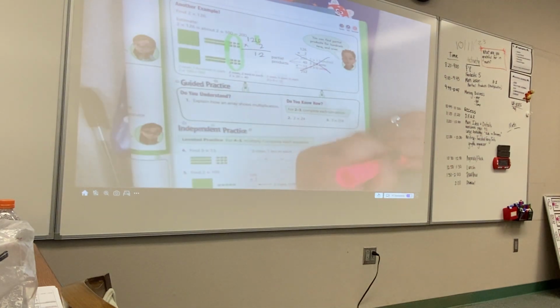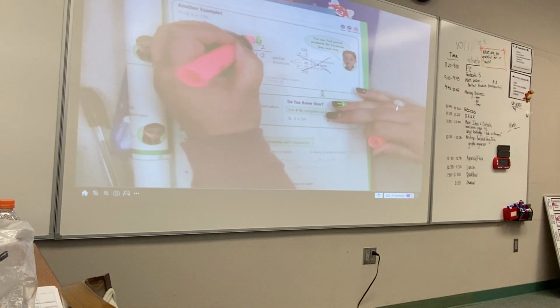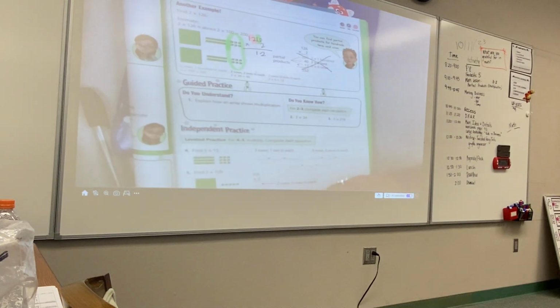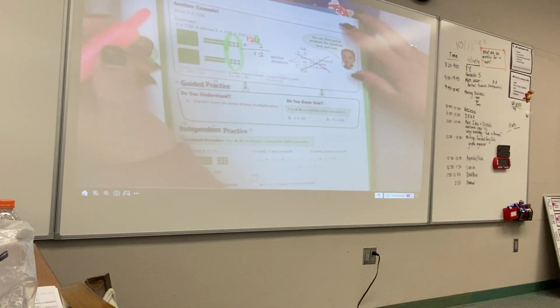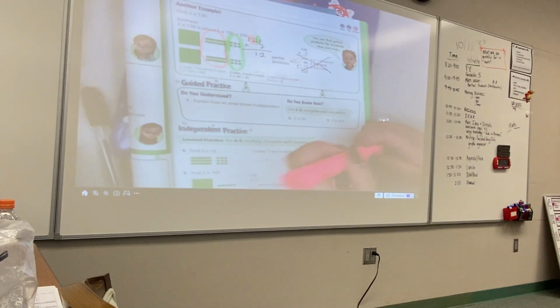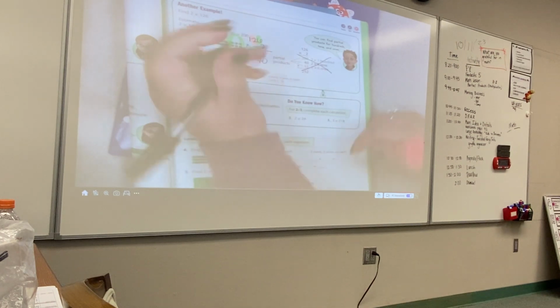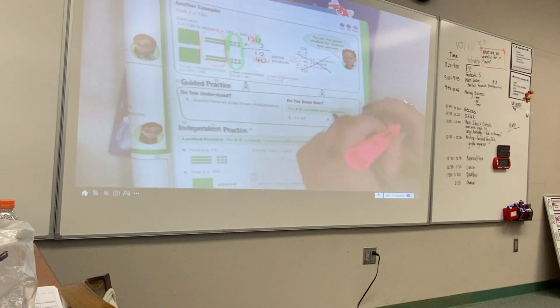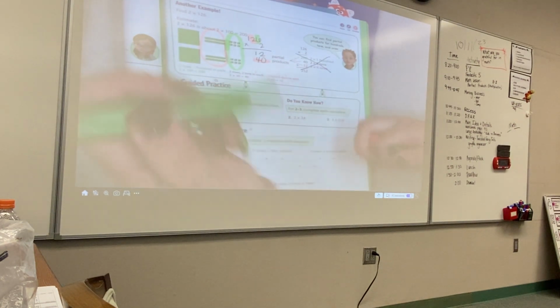And then our 2 in 126, is that hundreds, tens, or ones? So then we'll circle our tens, our group of tens. And that was 40. So I'll highlight the answers with it as well.